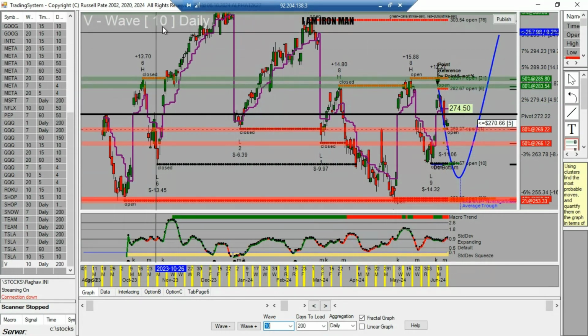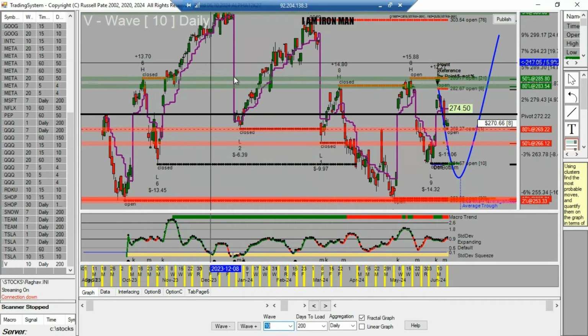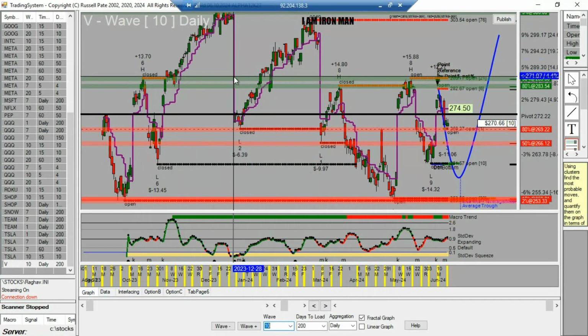So I basically just look at the wave 10 daily and wave 7 daily. Or if I'm looking at really long swing trades, I go for the wave 50 and wave 100. Okay, you do not need to look at them every single day. You just need to look at the wave 50 and wave 100 if you're looking to take a swing trade and you're going to hold for the next few months.